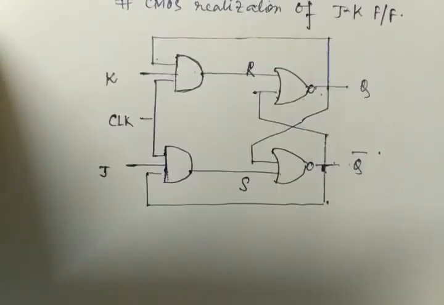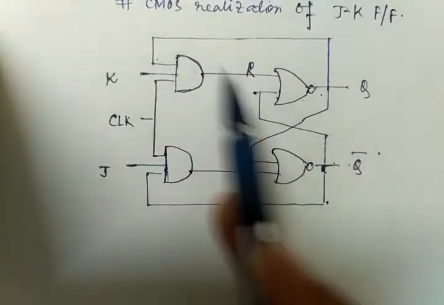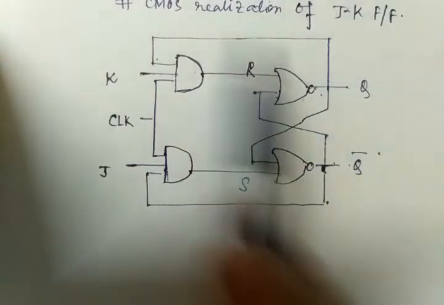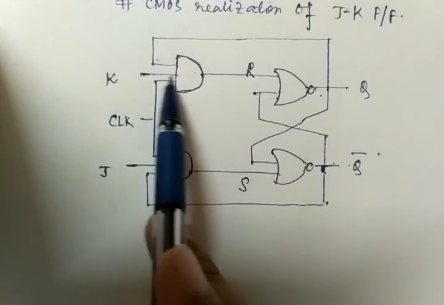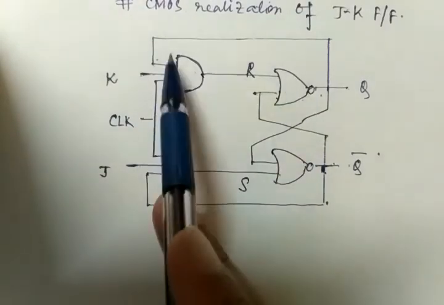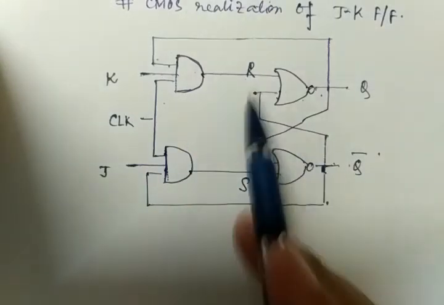First of all, I will do the pull down section. What are the inputs for the upper section? For K, there are two inputs, K and J. If I want to design, there will be two replicas, these two sections. For the first section, the inputs are K, clock and Q, and from the other section Q bar is coming out.